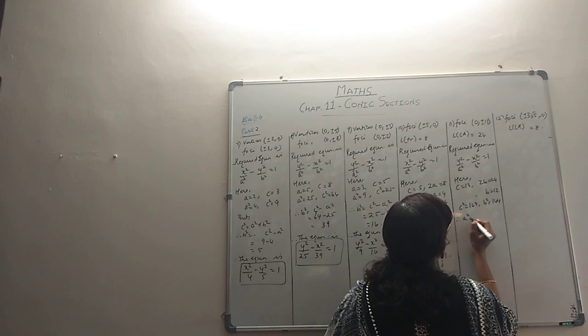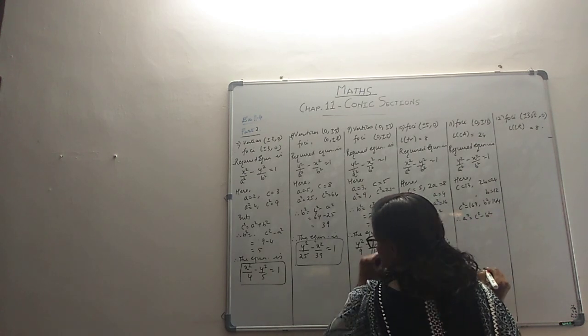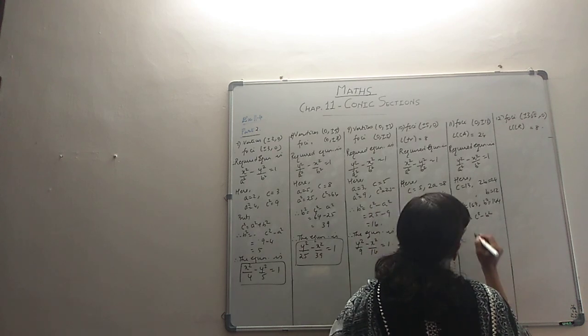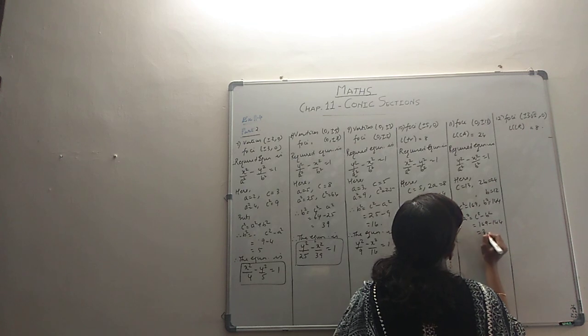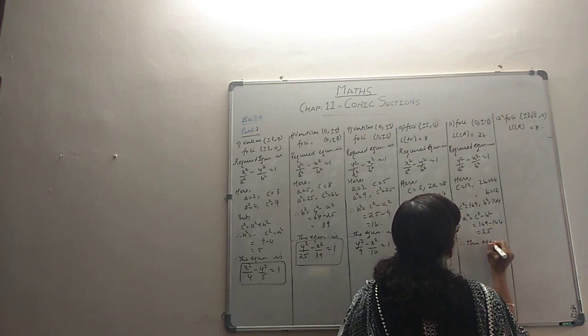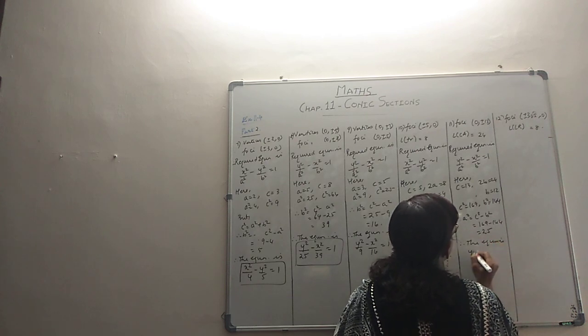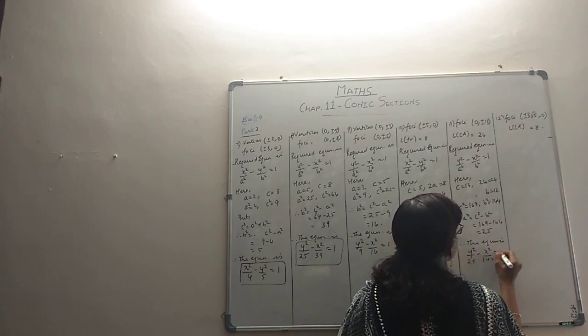Therefore, a squared is c squared minus b squared. So that is 169 minus 144. Again, if you are very aware of the triplet, we will come to know that this is 25. So therefore, the equation is y squared by a squared, which is 25, minus x squared by 144 is 1.